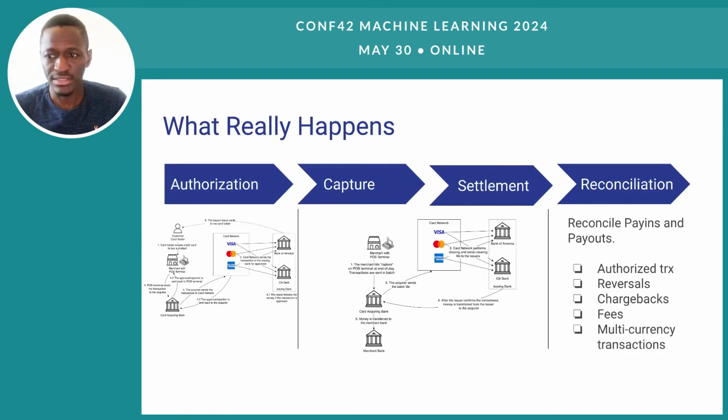And just before I move on, one reason why it's a very daunting task is that, in addition to all of the types of transactions I've mentioned, we have something called pre-auth. I didn't want to go too much into this, but basically, imagine when you go to a gas station to buy fuel.